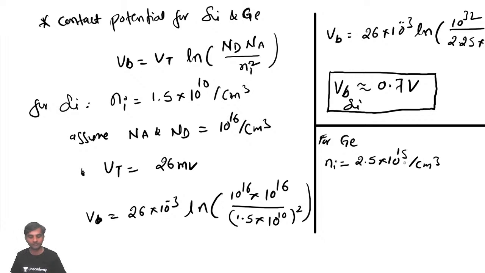Sorry, not 15, this is 13. So what will you get? VB for germanium you'll get as 0.3 volts.